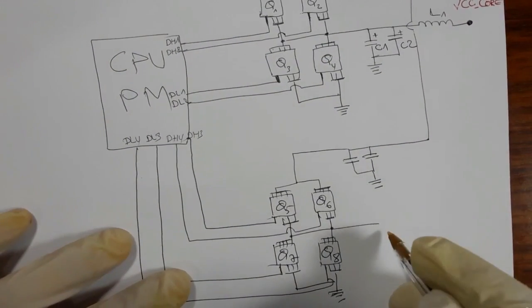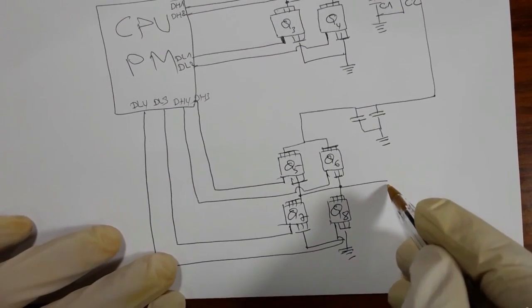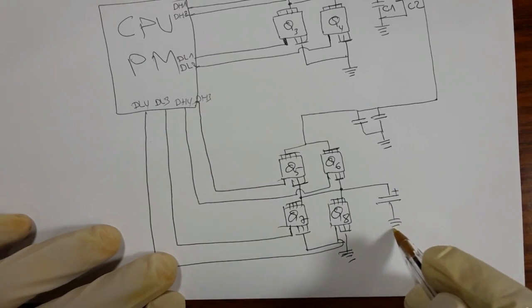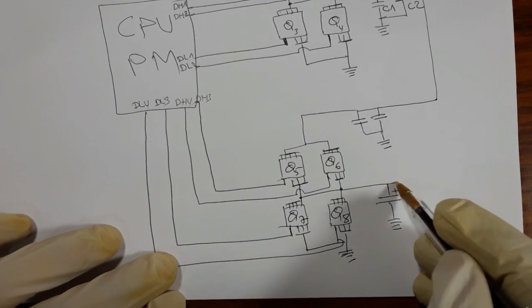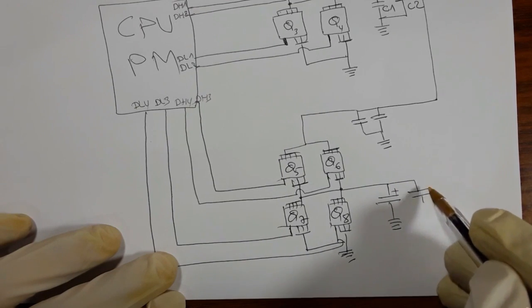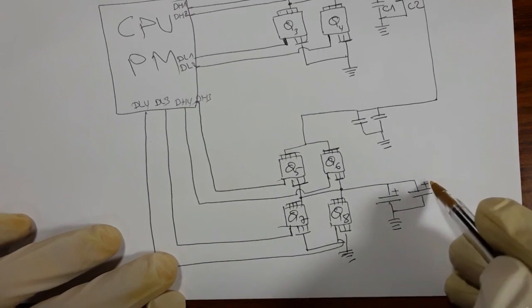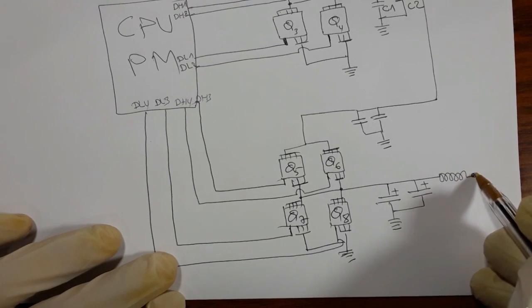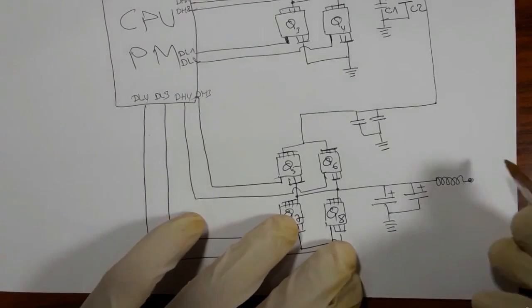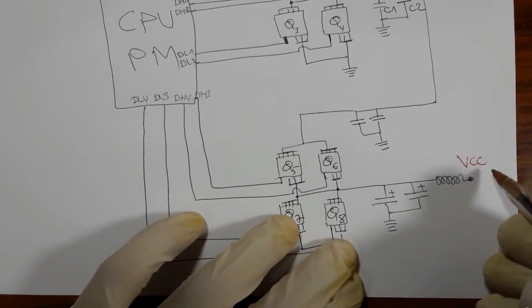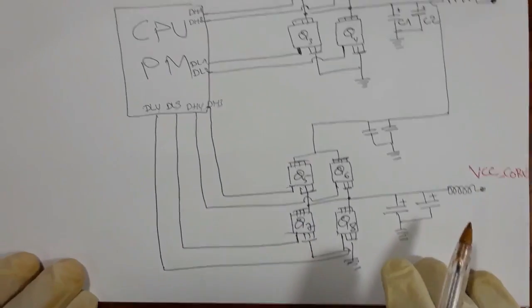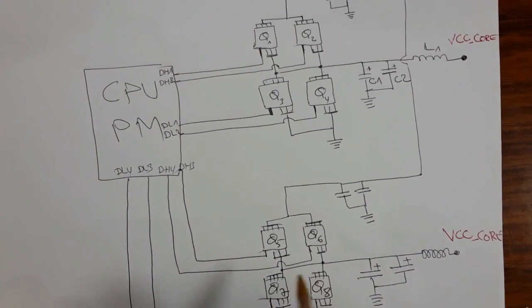So we have here the chemical capacitor of the second channel, as you can see, connected to the ground, and also another chemical capacitor connected to the ground, and then we have the coil here, and here we have the VCC core. Also here we have the VCC core for the CPU. Okay, so this is two channels. This is the first channel and this is the second channel.